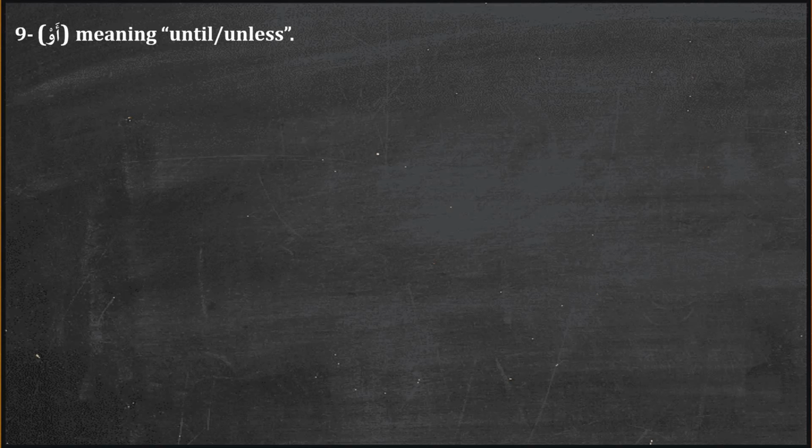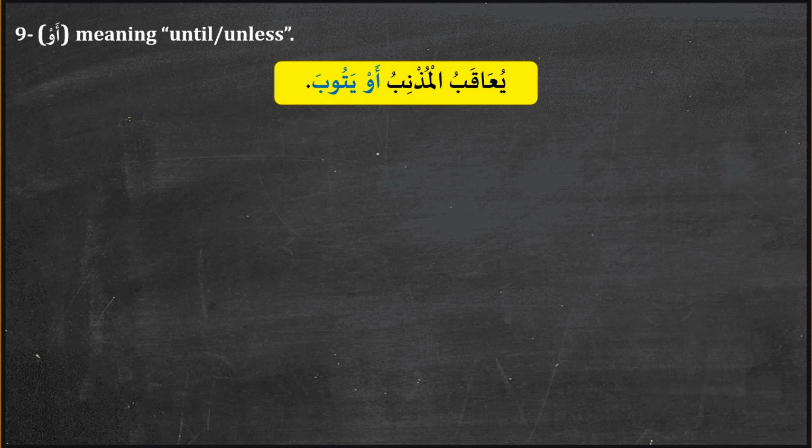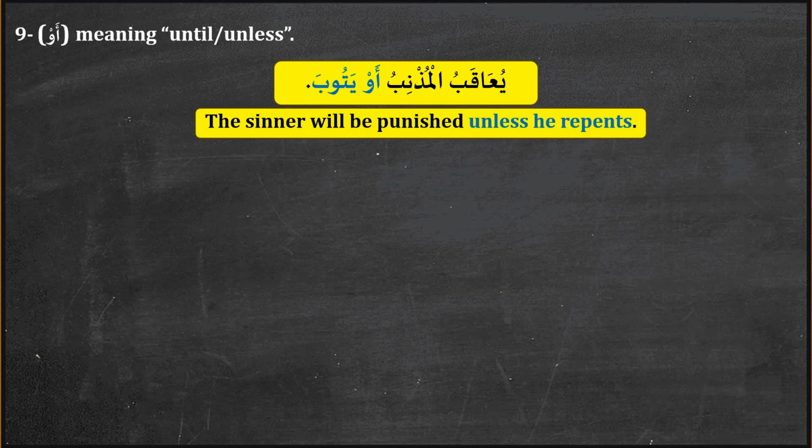The next particle أو meaning until or unless in this context. يعاقب المذنب أو يتوب. The sinner will be punished unless he repents. أو يتوب, unless he repents.